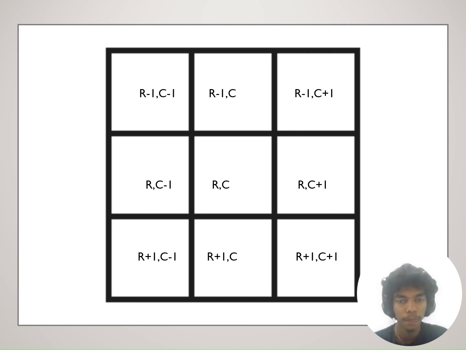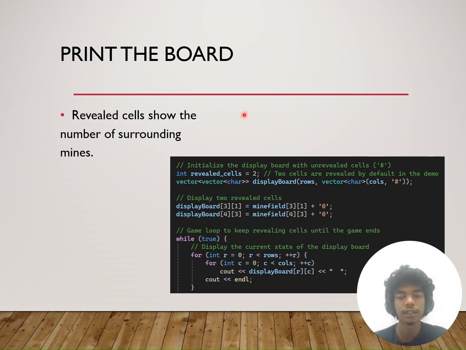And now going forward, after we have found the board, we need to start the game. So we again display board, we initialize another multi-dimensional vector.